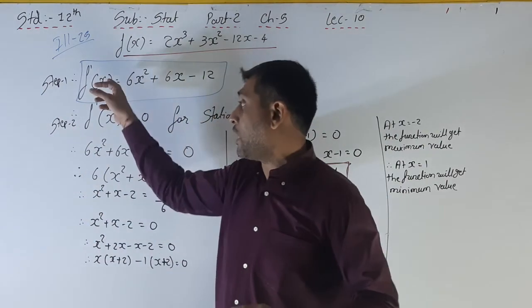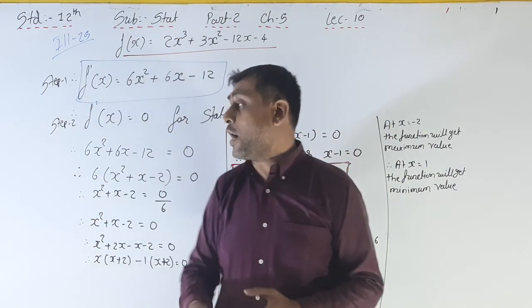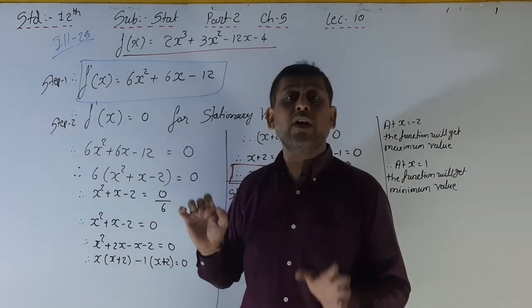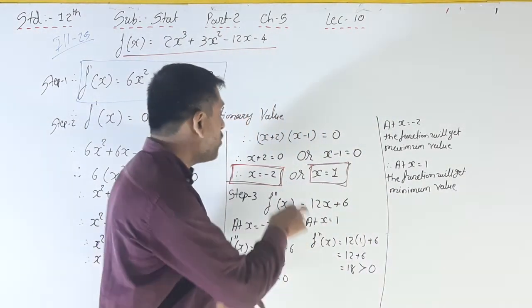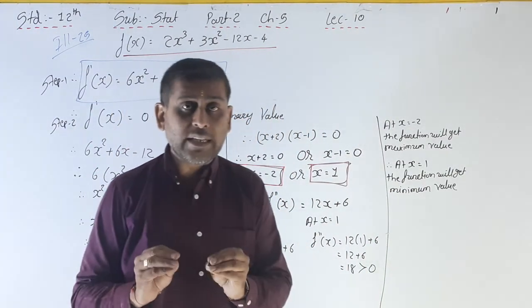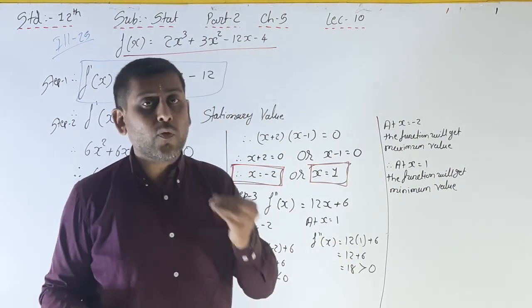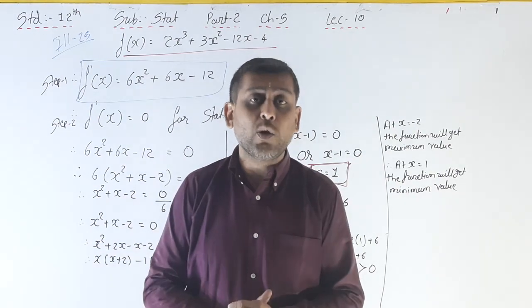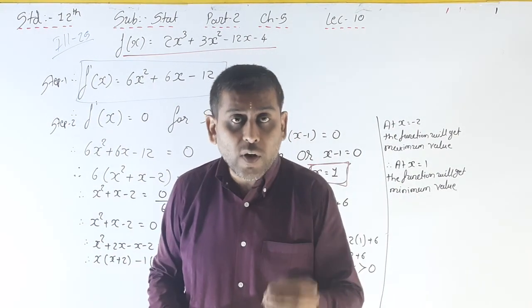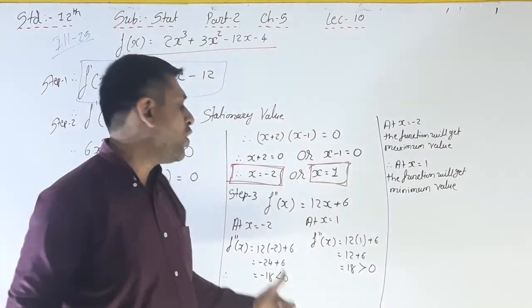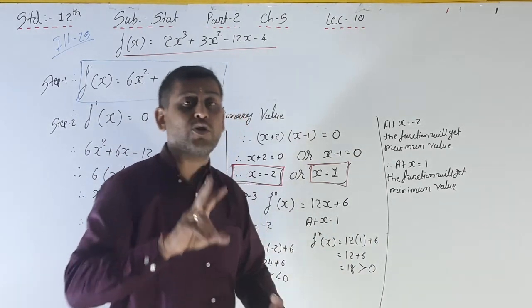What is the first step? You have to find out the first derivative. What is the second step? You have to put the first derivative equal to 0 and find out the values, maximum 2, minimum 1, right? 2 or 3 values. That is called a stationary value, and that stationary value we have to put in the second differentiation.